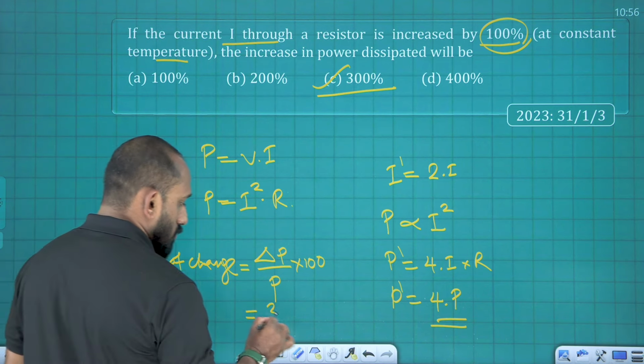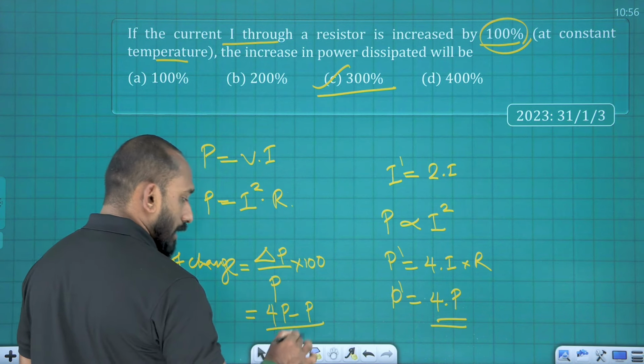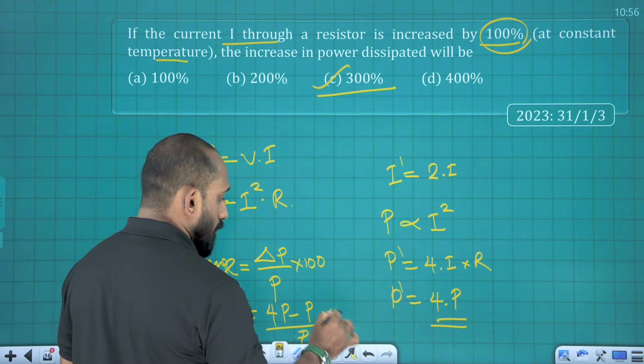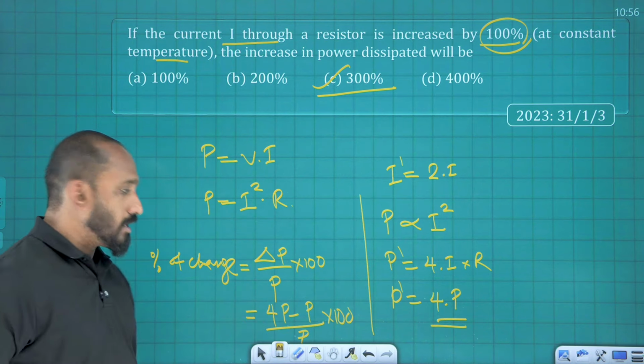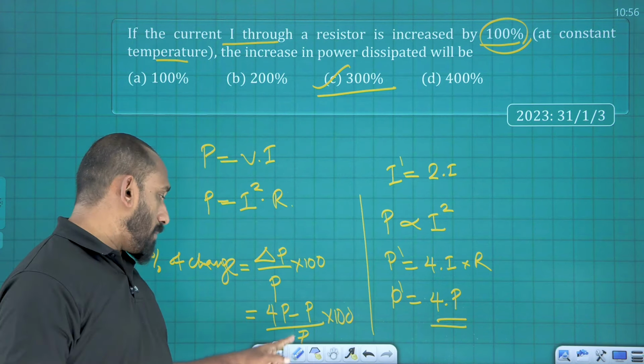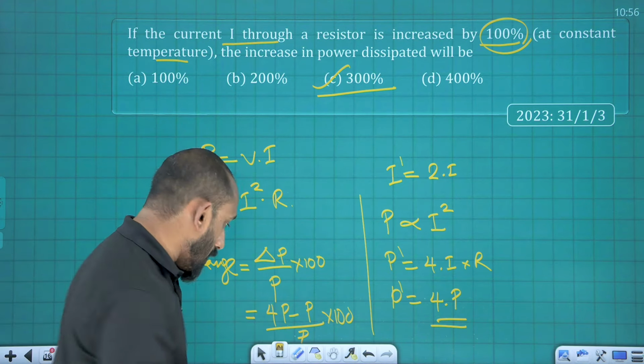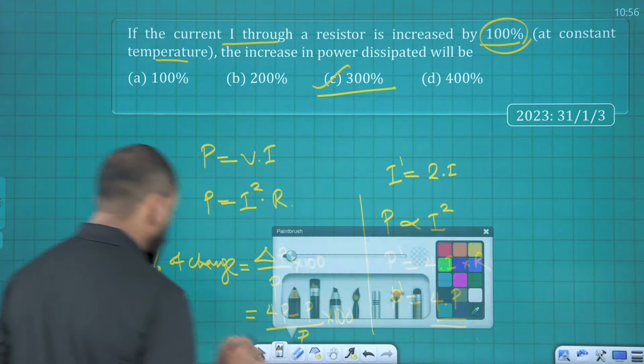That is, the new power minus the original power, divided by the original power, into 100. 4P minus P is 3P. 3P by P is 3 into 100, that is 300%. That's the mathematical equation to find the change.